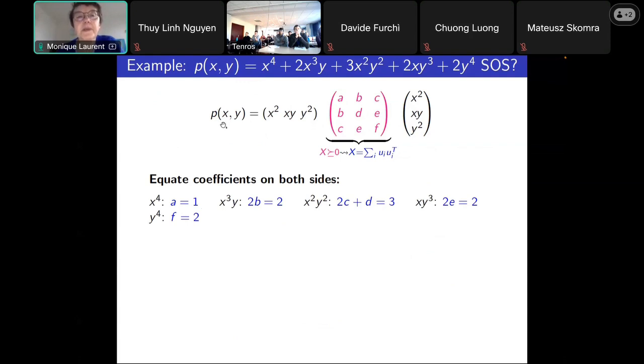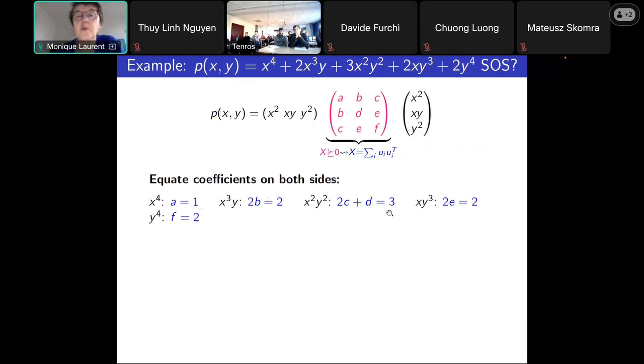In P, it's 2. On the right-hand side, it's b plus b, that's 2b, so it's x squared times xy or xy times x squared. And so on.